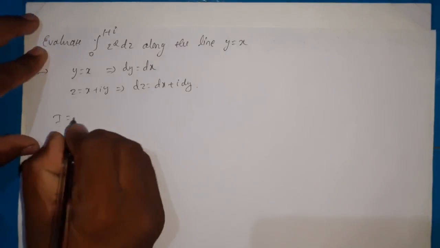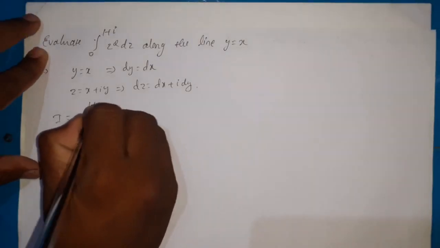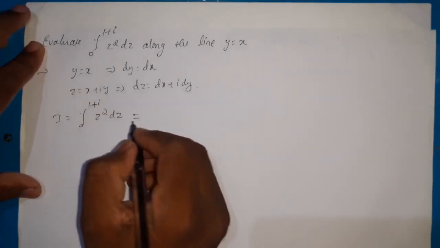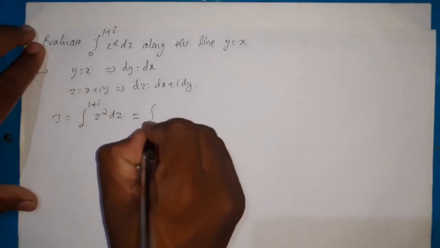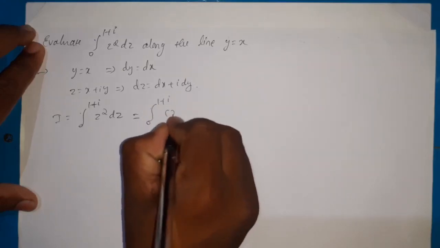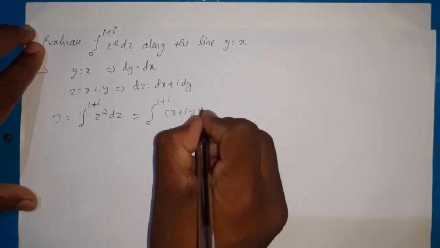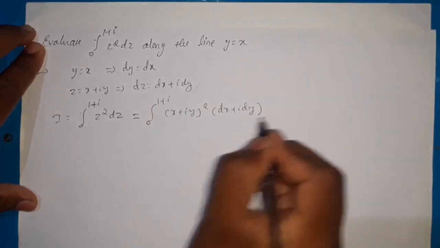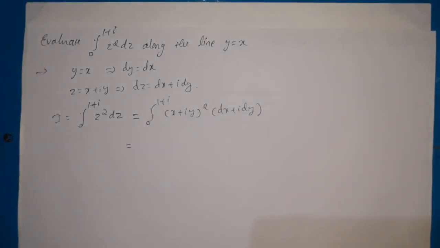Now I is equal to the integral from 0 to 1 plus i of z square dz, which is equal to the integral from 0 to 1 plus i of (x plus iy) whole square (dx plus i dy). In the previous example we substituted for y; here you can substitute for y or x, meaning you can replace x by y or y by x, and that will be the same.